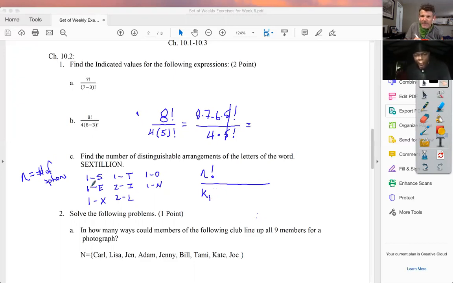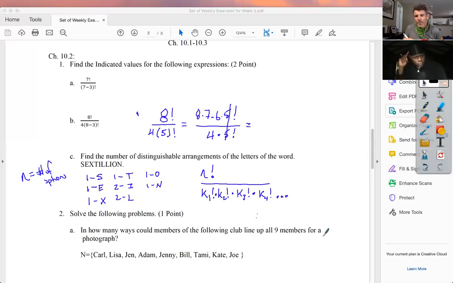K1 is one of these letters. So we have K sub 1 factorial times K sub 2 factorial times K sub 3 factorial times K sub 4 factorial, and then dot, dot, dot.